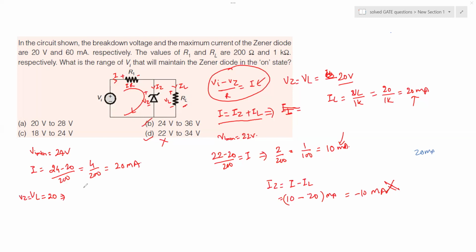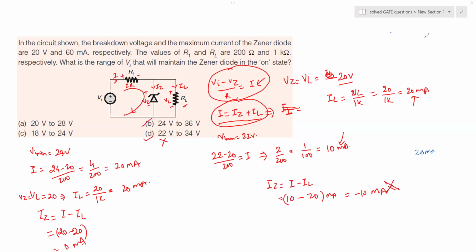The Zener is on, we are assuming, and then IL is 20 volts divided by 1K, which is 20 milliampere. Now IZ is, from this equation, I minus IL. I is 20 milliamp and IL is 20 milliamp, so that comes out to be 0 milliamp.